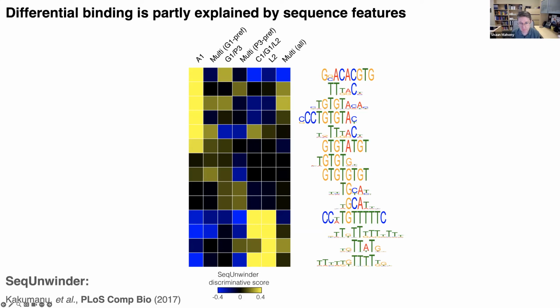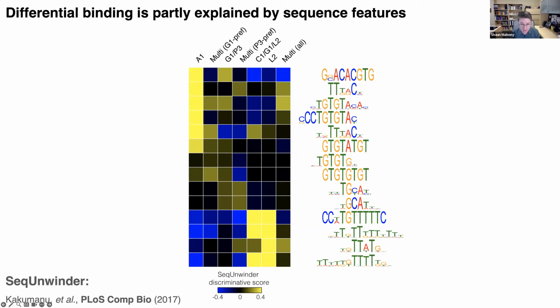However, through analyses we're not showing here, we've determined that these motifs are not sufficiently discriminative to explain why some of these clusters are bound by some transcription factors and not others. There's just not enough presence or enrichment of those motifs across a wide enough variety of sites to explain why some factors bind some sites and some bind other sites.